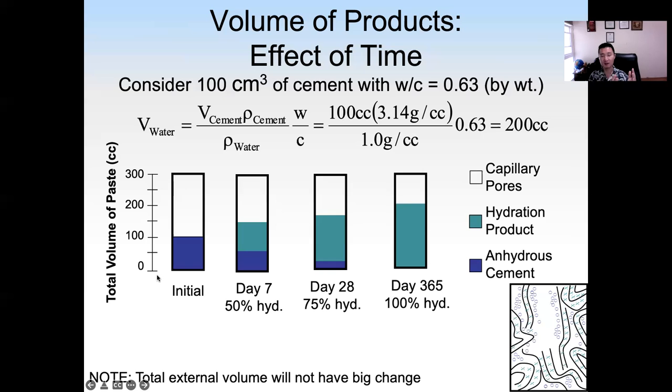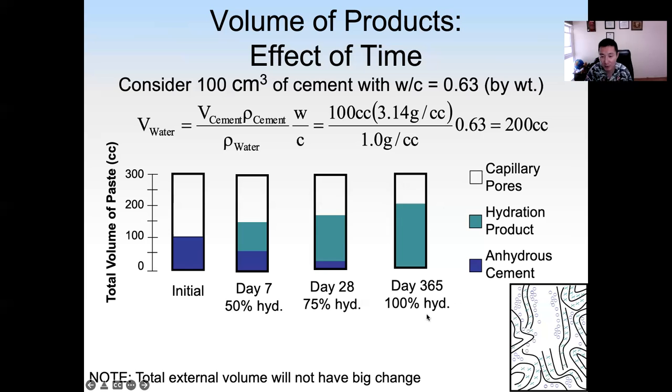After the initial set time, which is 2 to 4 hours, the total external volume of cement paste will not change almost at all. As we can see from the notes here, the picture just shows the total volume of the pores.